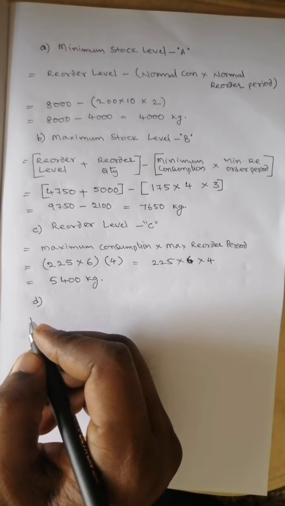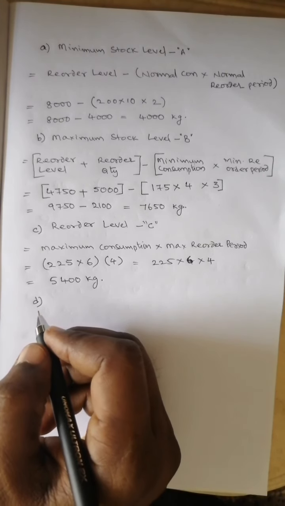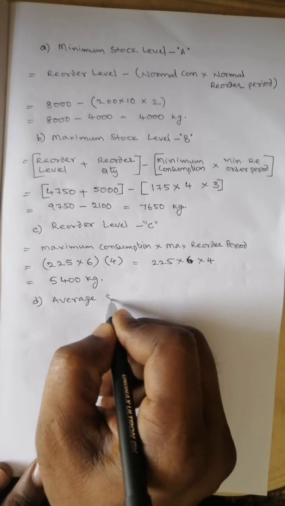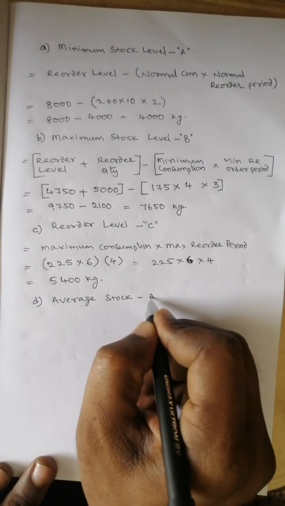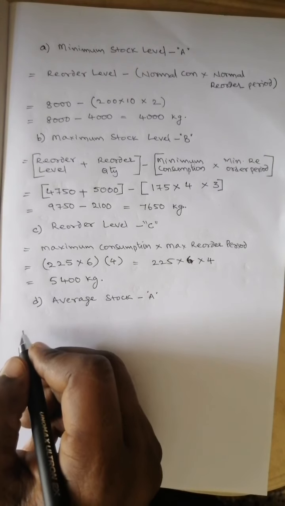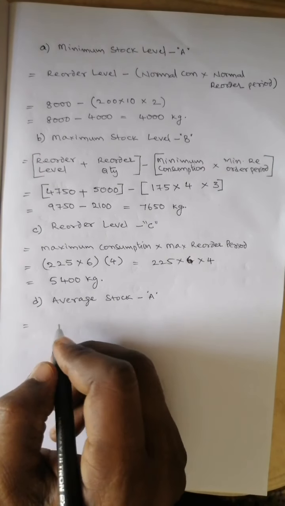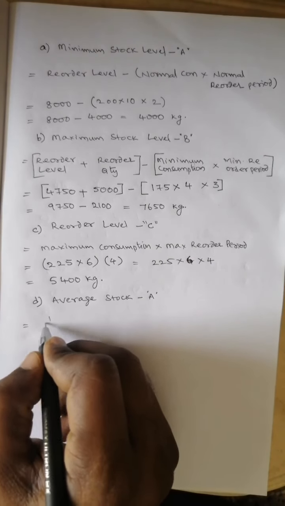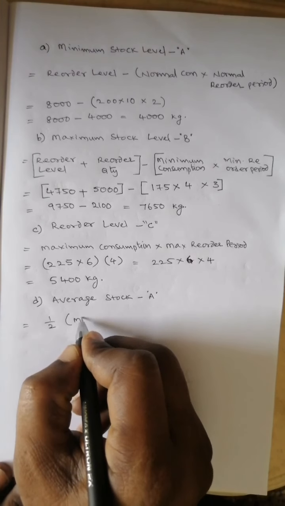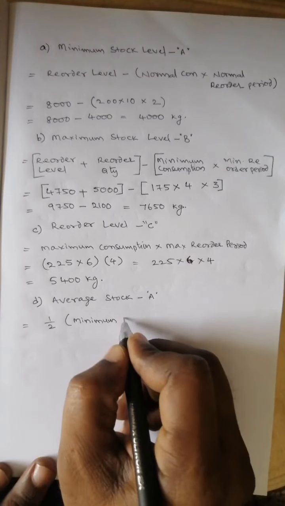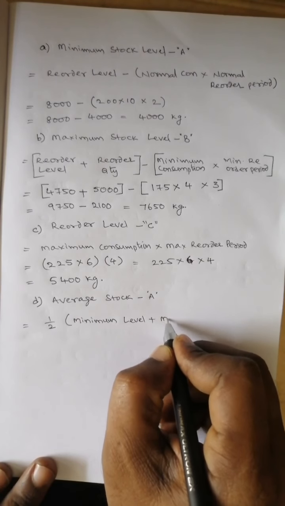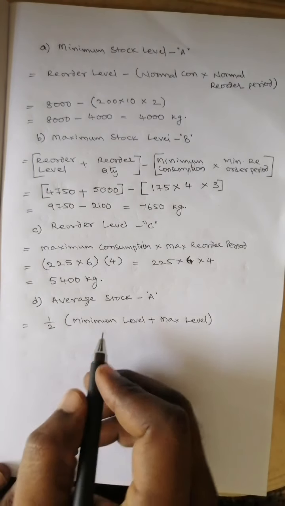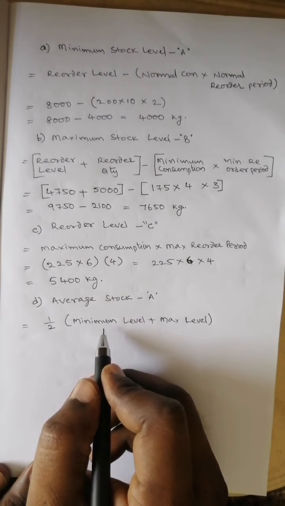Now go to the last one. The last one is average stock of A. Average stock of A. Now the easy or simple equation is minimum plus maximum by 2, or you can write 1 by 2 into minimum level plus maximum level of stock for component A. Minimum stock level.